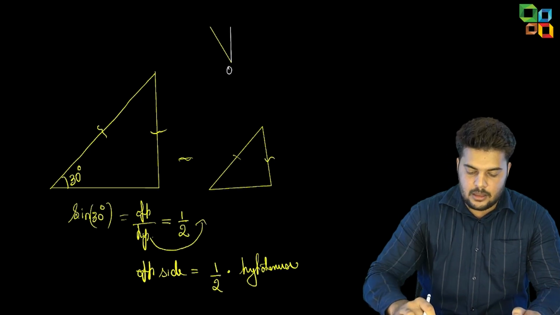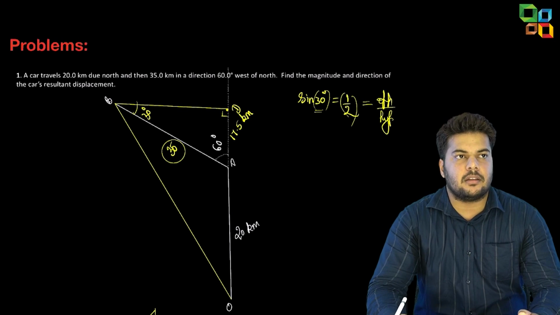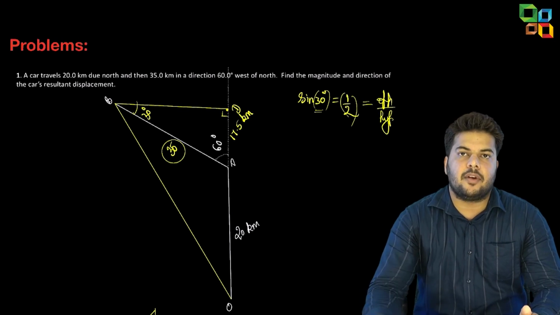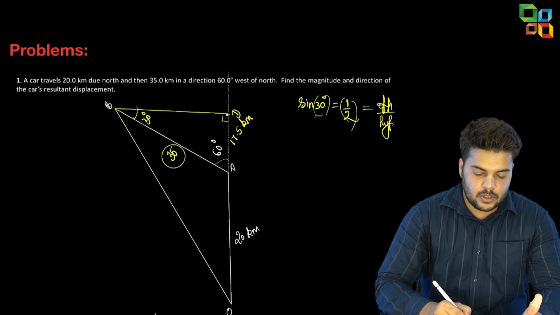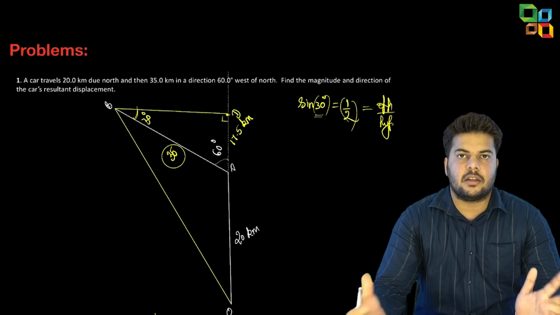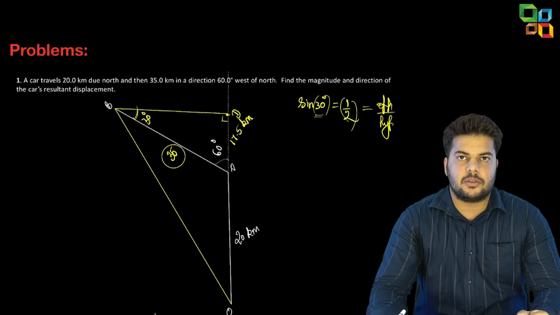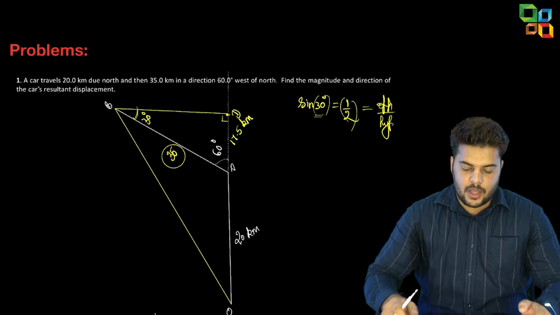In the problem, we have one specific 30, 60, 90 triangle in which the hypotenuse is 35. So the opposite side to 30 must be, like in any 30, 60, 90 triangle, half of the hypotenuse. So now I know the base.